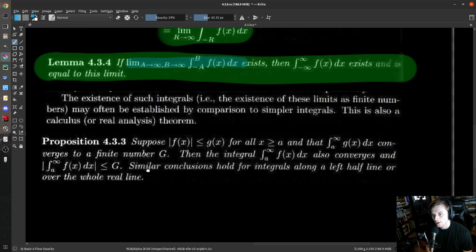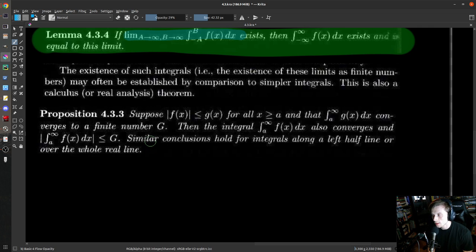All right. So one thing you can do, though, to get the existence of stuff like this is to just do a comparison. This is often one of the easiest things you can do. This is, once again, not a complex analysis theorem, but still useful all the same. We will use it very shortly for an example.